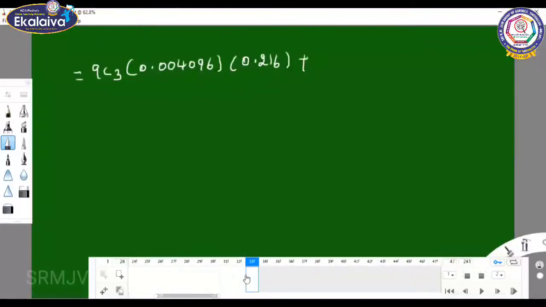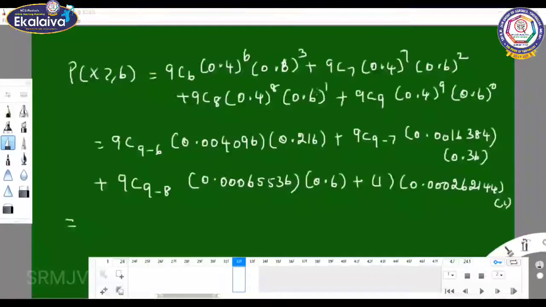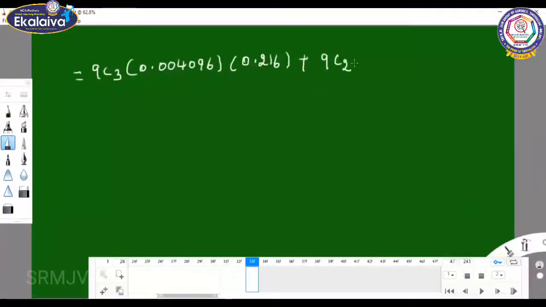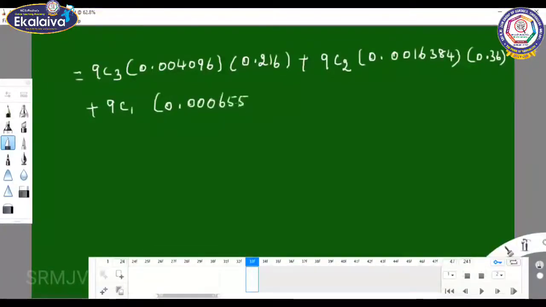What is the next one? 9C2 into 0.0016384 into 0.36, plus 9C1 into 0.000065536 into 0.6, plus 1 into 0.000262144.